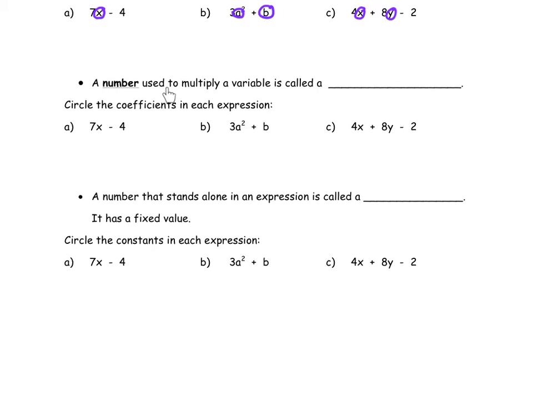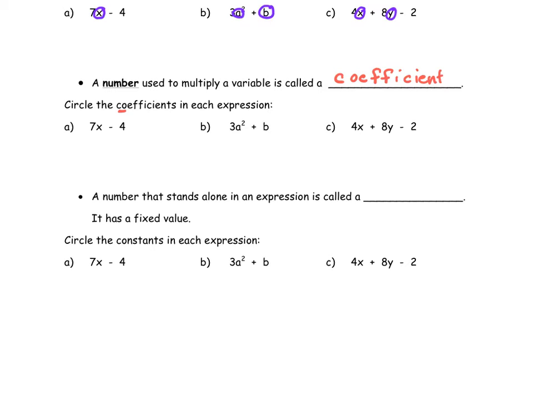A number used to multiply a variable is called a coefficient. And the word coefficient, if you notice this word co, like a coworker is somebody that you work together with.